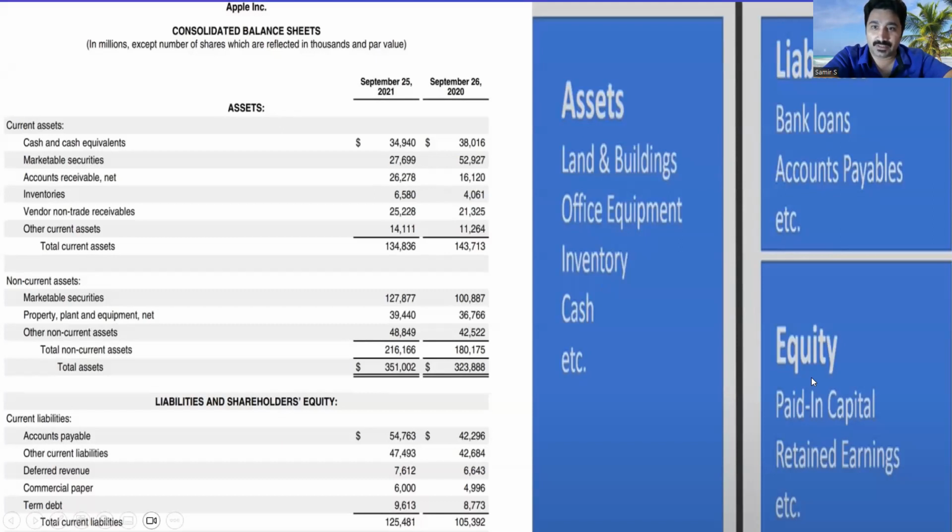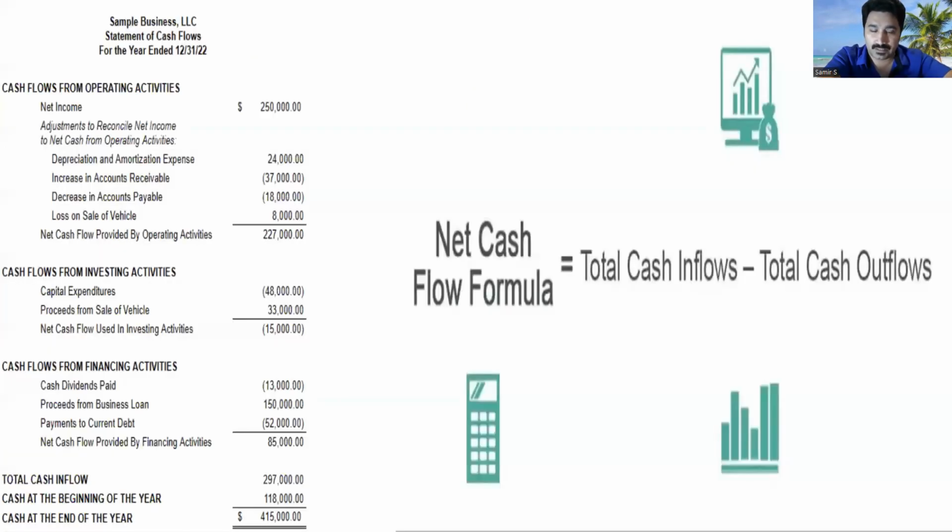And then we take into account equity, that is paid-in capital, retained earnings, the earnings or the capital that is already with the company. That is the equity. These three are considered for the balance sheet, right? And if you want to get to details, it's all here. You can take a snapshot, or if you email me, I can send this to you. So let's get to the next one.